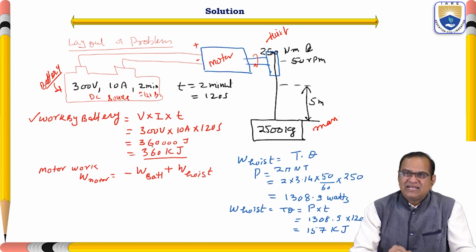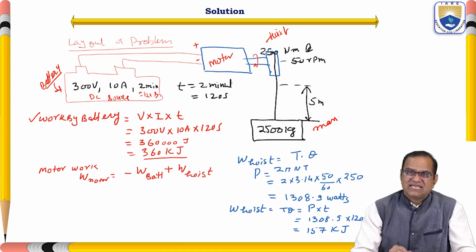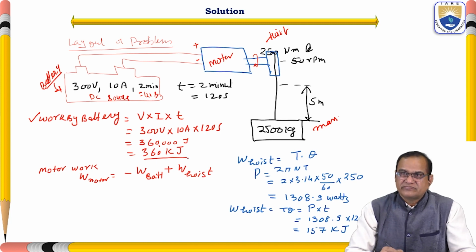So you will get 36000 joule. So we can make it as kilojoule. So you will get here 360 kilojoule. This is the work done by the battery.